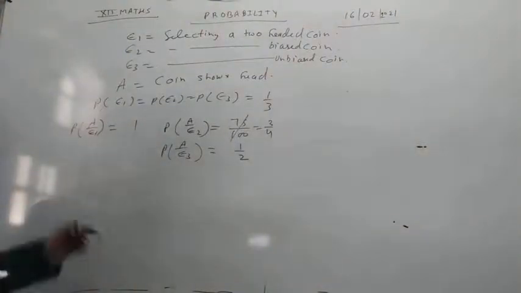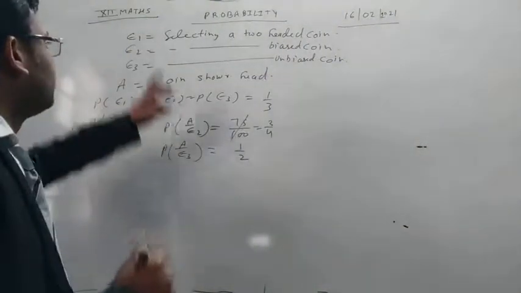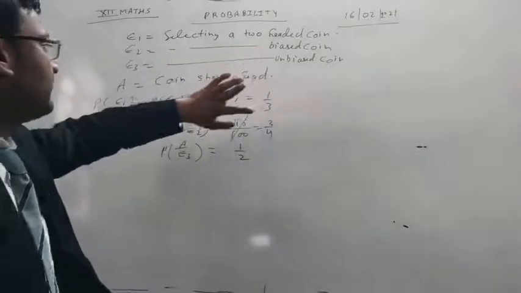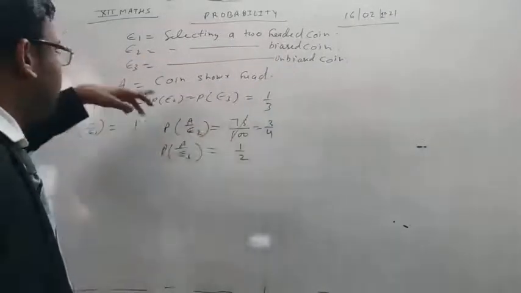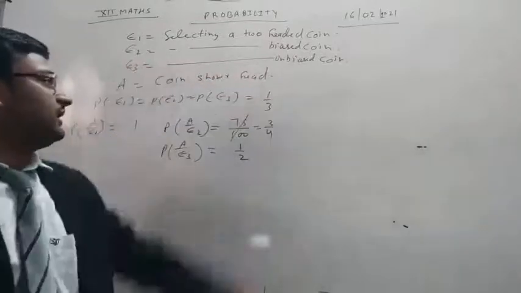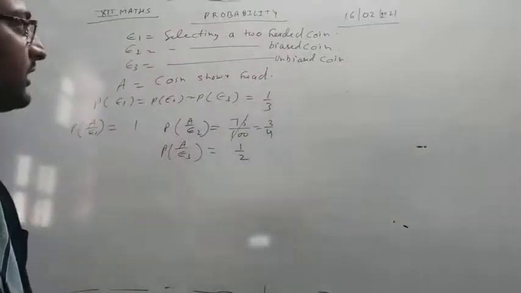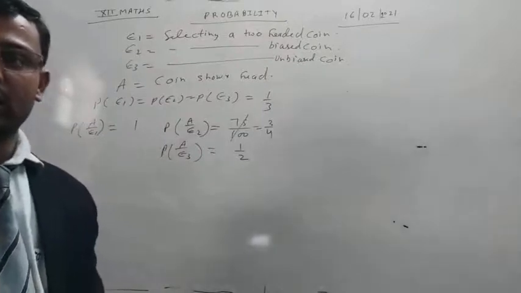So students, we have made the three events: first, selecting a two-headed coin; second, selecting a biased coin with 75%; and third, selecting an unbiased coin.